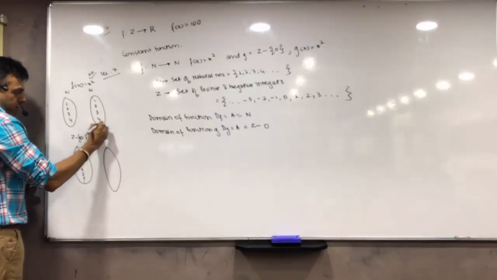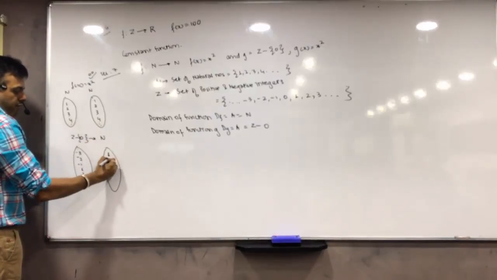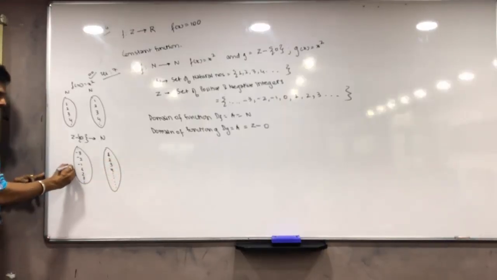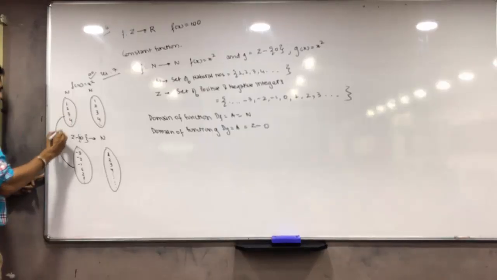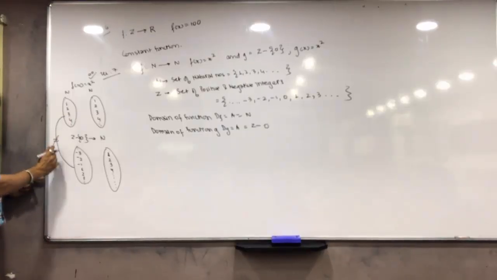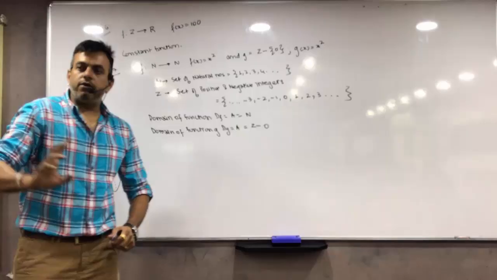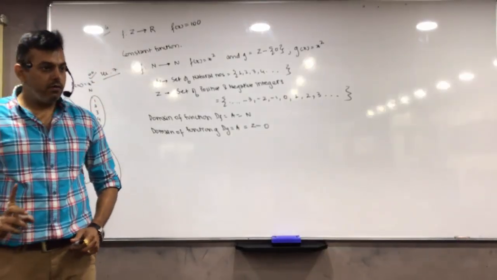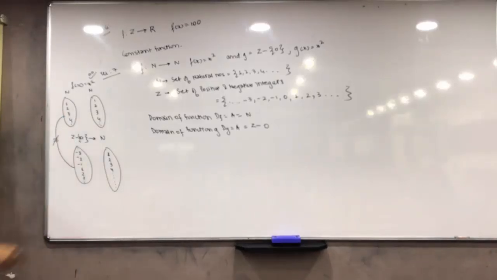Here N will be what? Start with again 1, 2, 3, 4, goes on and on and on. Since these two are not equal, they are on different domains. All of you understood this? Okay? Make a diagram if you want to.